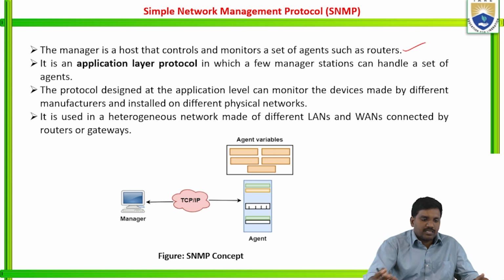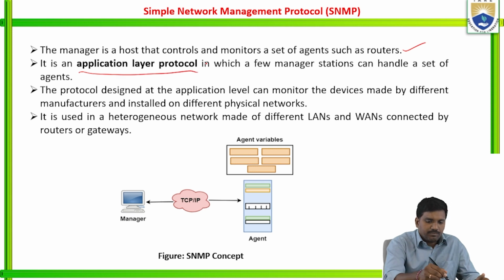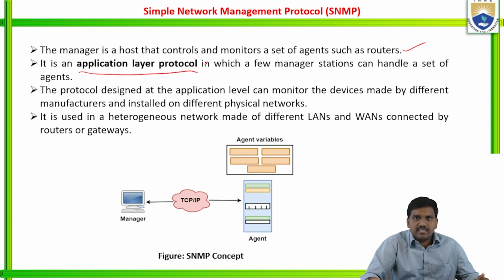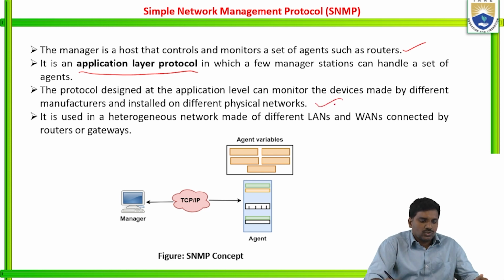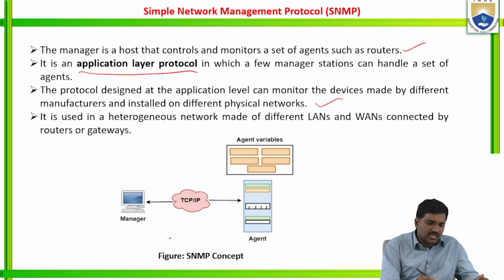It is an application layer protocol, in which a few manager stations can handle a set of agents. The protocol designed at the application level can monitor devices made by different manufacturers and installed on different physical networks. It is used in a heterogeneous network made up of different LANs and WANs connected by routers or gateways. So this is the concept of SNMP.